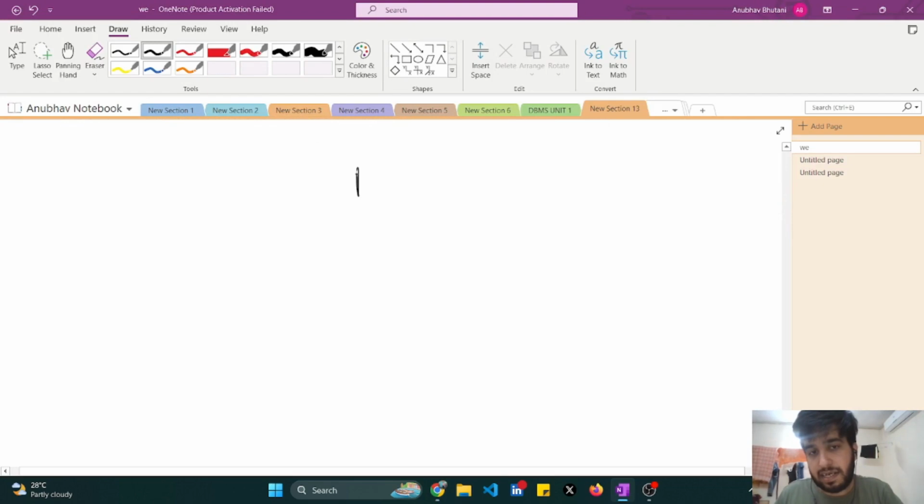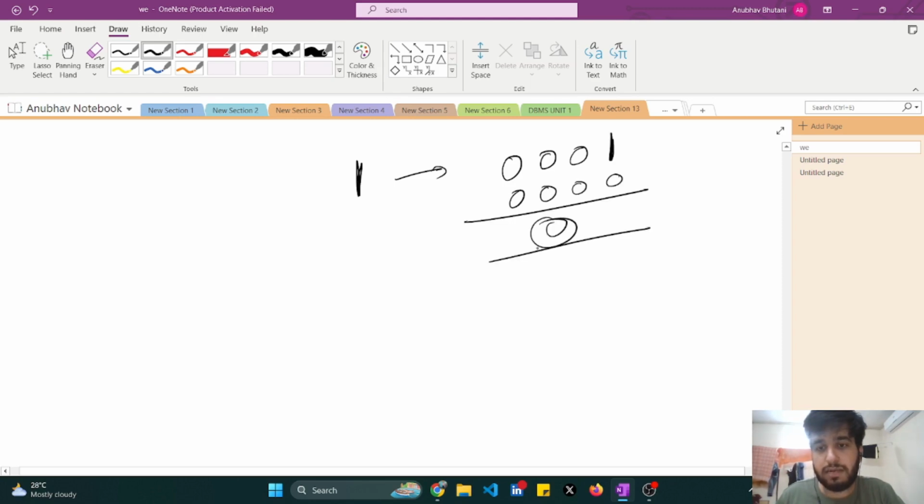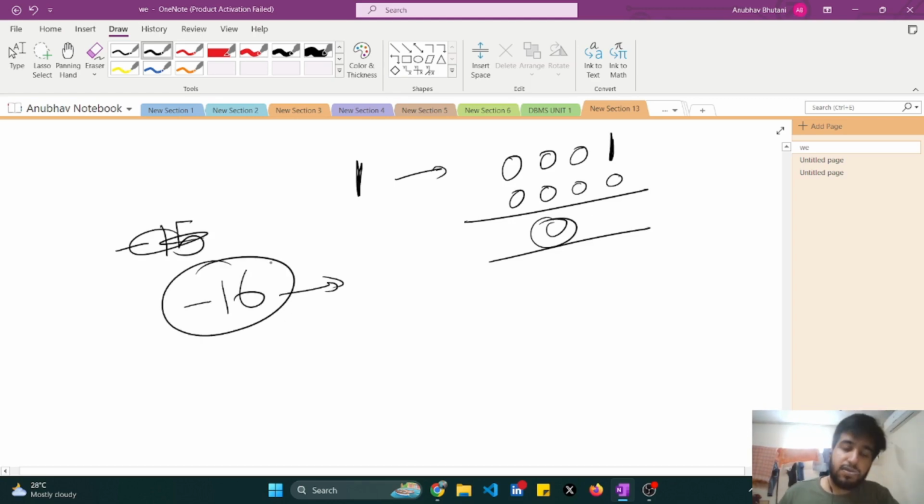If the number is 1, it is like 0001 and 0000, so it would also become 0. Okay, if the number is minus 16, what would be the binary representation?